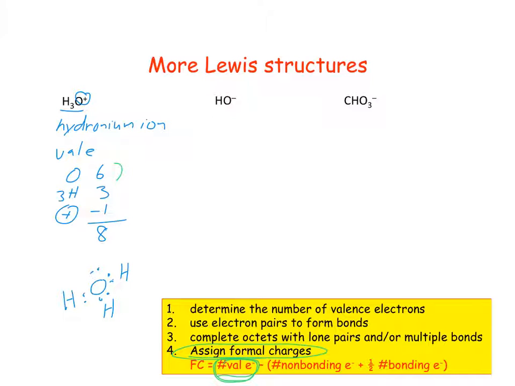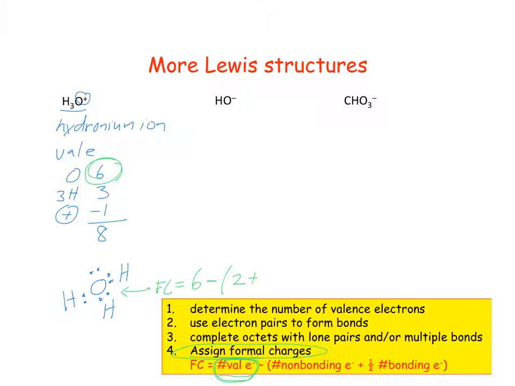Okay, so here's how this works. We're going to calculate the formal charge for oxygen. The formal charge is going to equal the number of valence electrons that it started with. That's this number up here, 6. We're going to subtract from that the number of non-bonding electrons plus half the bonding electrons. So we're going to add the number of non-bonding electrons, so that only has 2 right here, 2 non-bonding. We're going to add to that half of the bonding electrons.